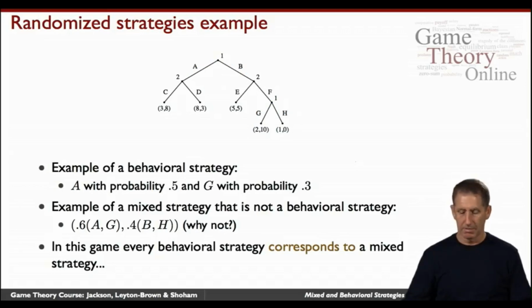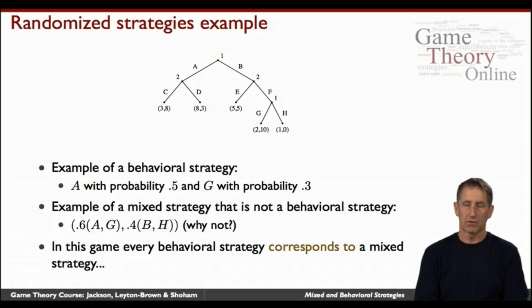In a very famous result, a paper by Kuhn from 1953, it was shown that in all these games of perfect information, mixed strategies and behavioral strategies can emulate each other. The equilibria in mixed strategies are outcome equivalent to the equilibria in behavioral strategies.